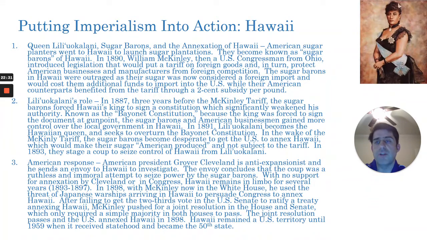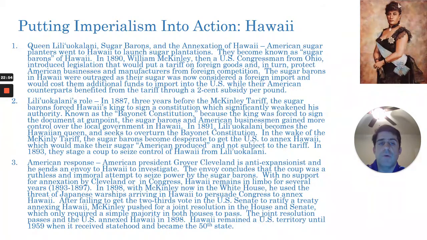There were American sugar planters, there were British sugar planters, there were a lot of white sugar planters primarily, but other white businessmen from outside of Hawaii who were living there. But the American sugar planters went to Hawaii to launch sugar plantations.